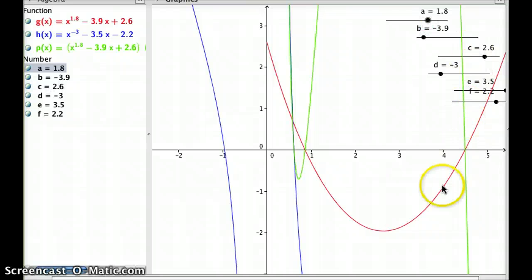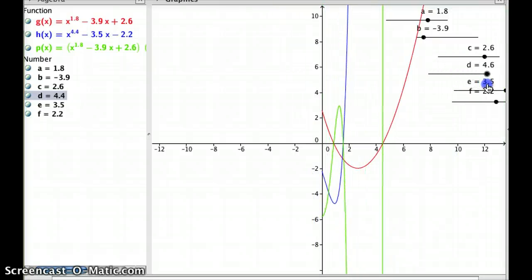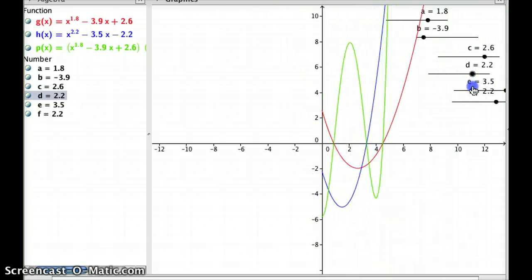We have a big parabola for g of x, and it looks like p of x is swooping like this. And then h of x is still never touching the y-axis. Well, let's change the slope of h of x. Now we have a half parabola and a parabola facing down and then up.